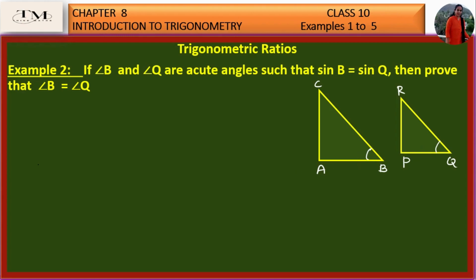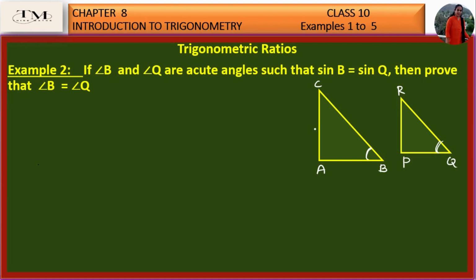So if you want to prove angle B is equal to angle Q, we have to prove that triangle ABC and triangle PQR are similar. So if we prove the similarity, then we will have angle B equal to angle Q. So to prove the similarity, we are going to use the SSS criteria, that is side, side, side criteria.